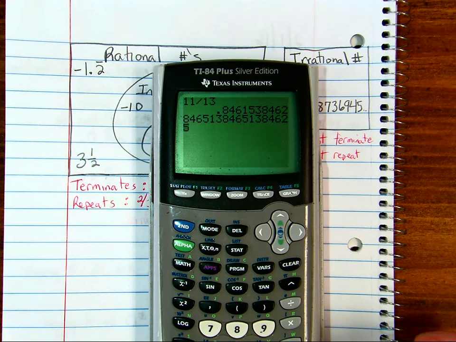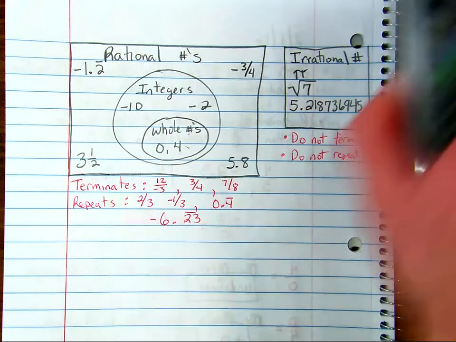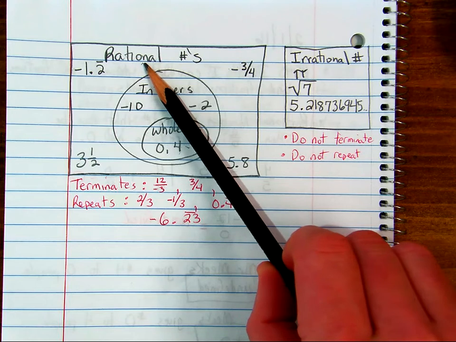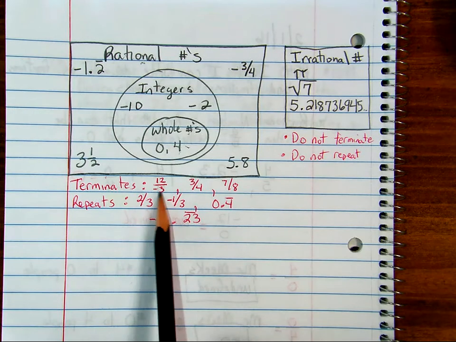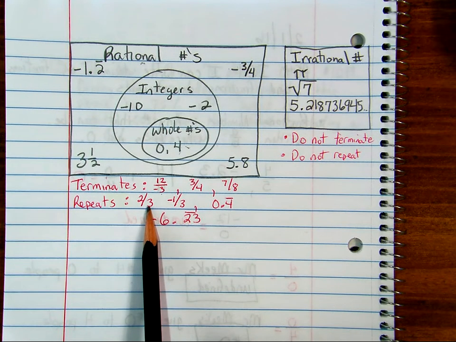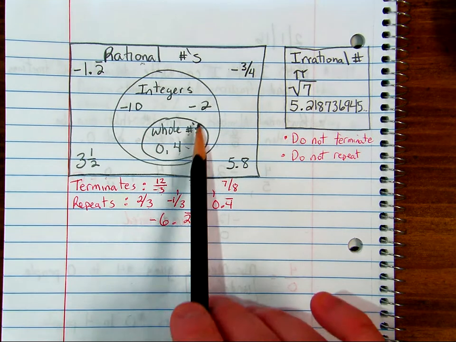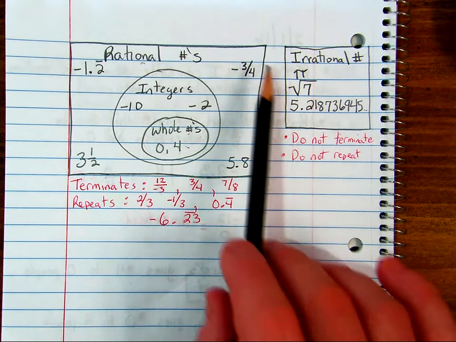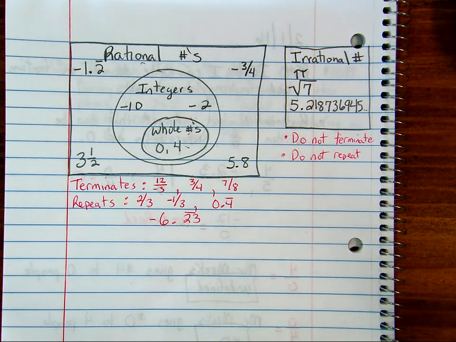So, a rational number terminates or repeats. That's why whole numbers are rational, integers are rational, they terminate. Irrational numbers do not terminate and do not repeat.